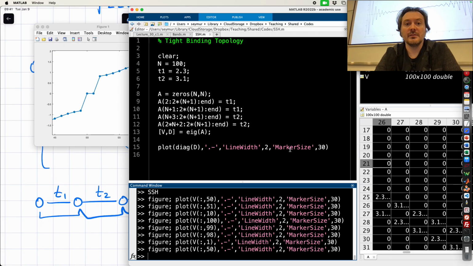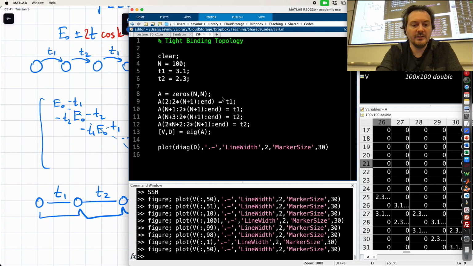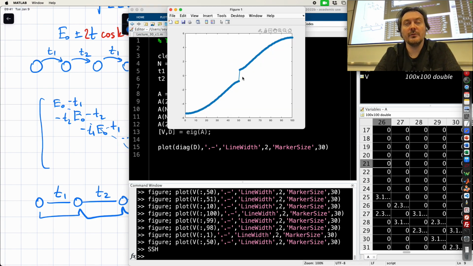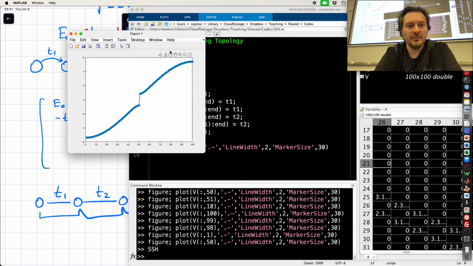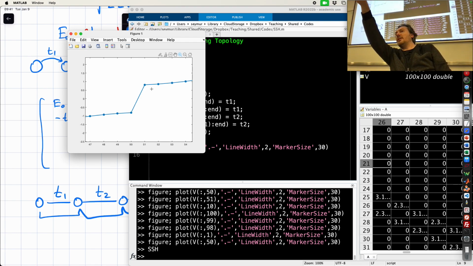Okay? But if we make this one 3.1 and this one 2.3 and plot the energies again, there is no edge state. Okay? And even if you plot this one, for example, were you asking for some states near here?